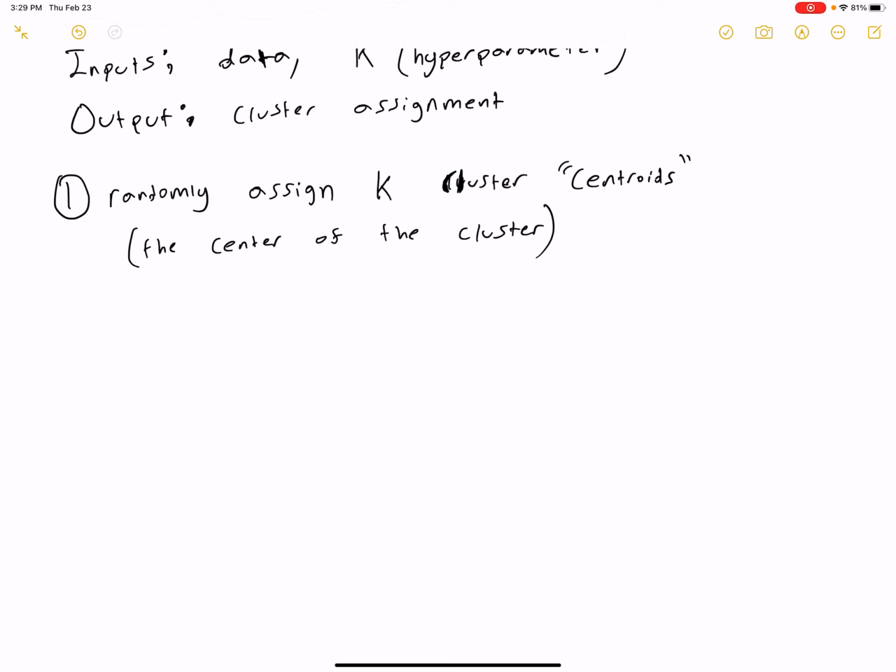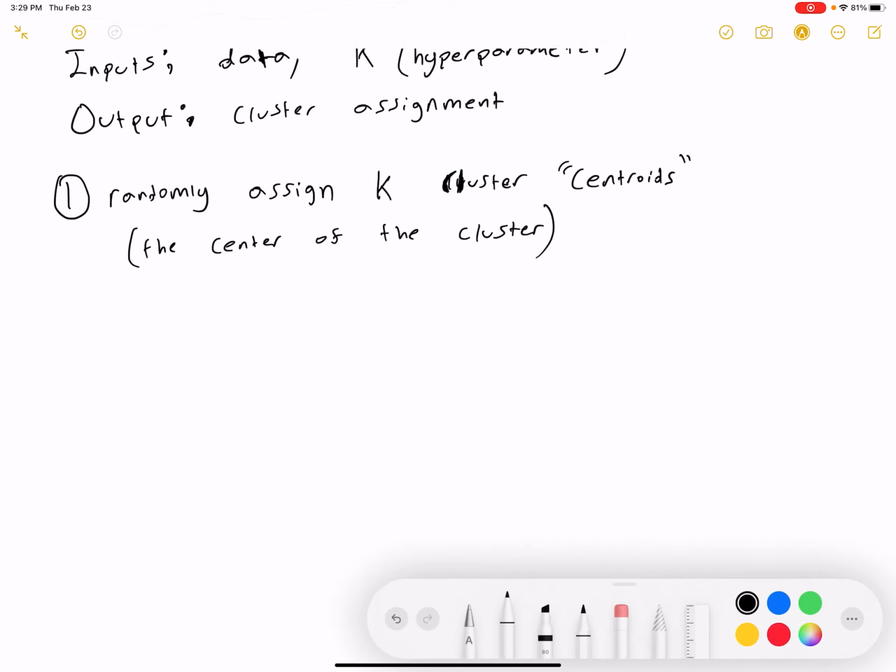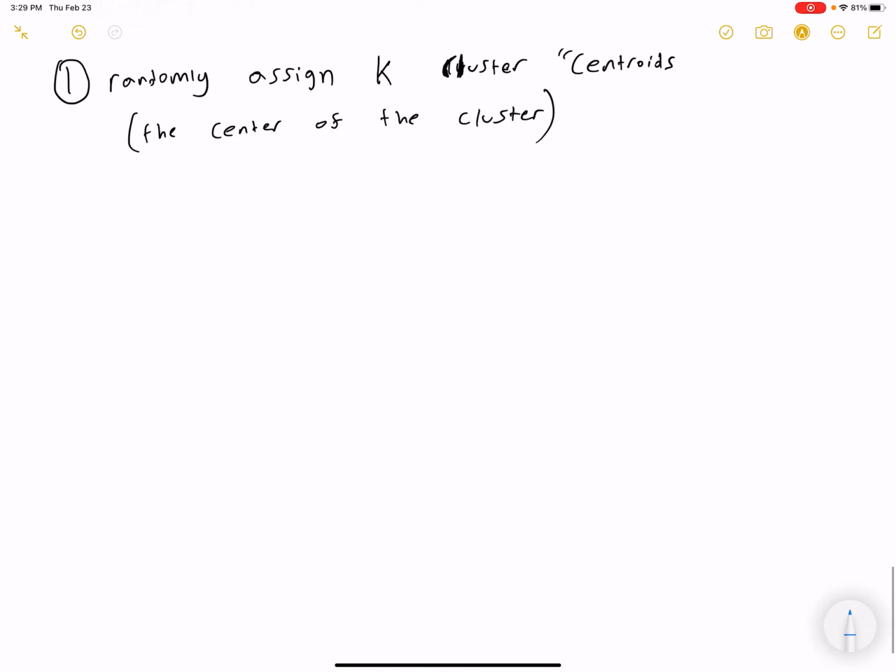So let's draw this first step out. So let's say we have this type of data set here, x1, x2, and we have these points over here and these points.